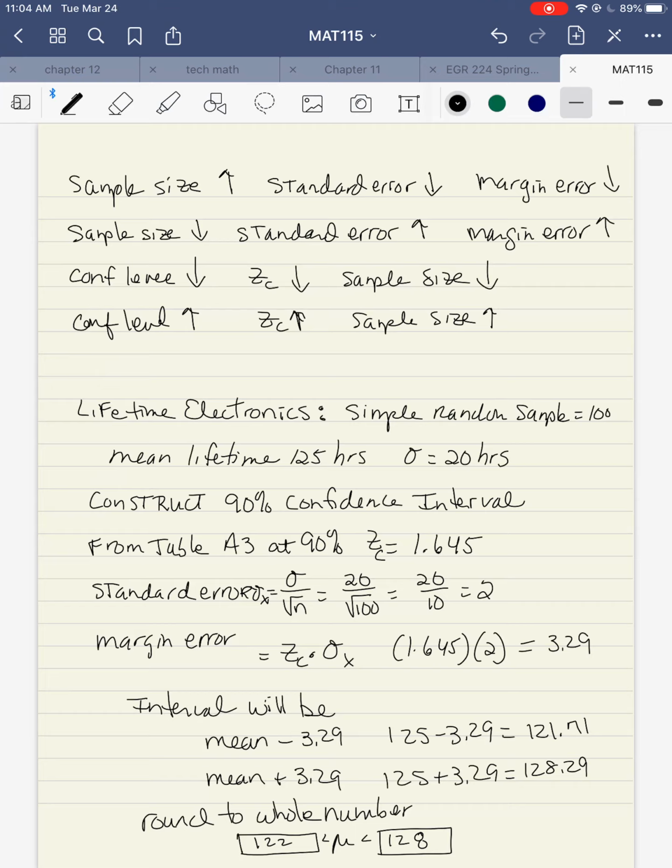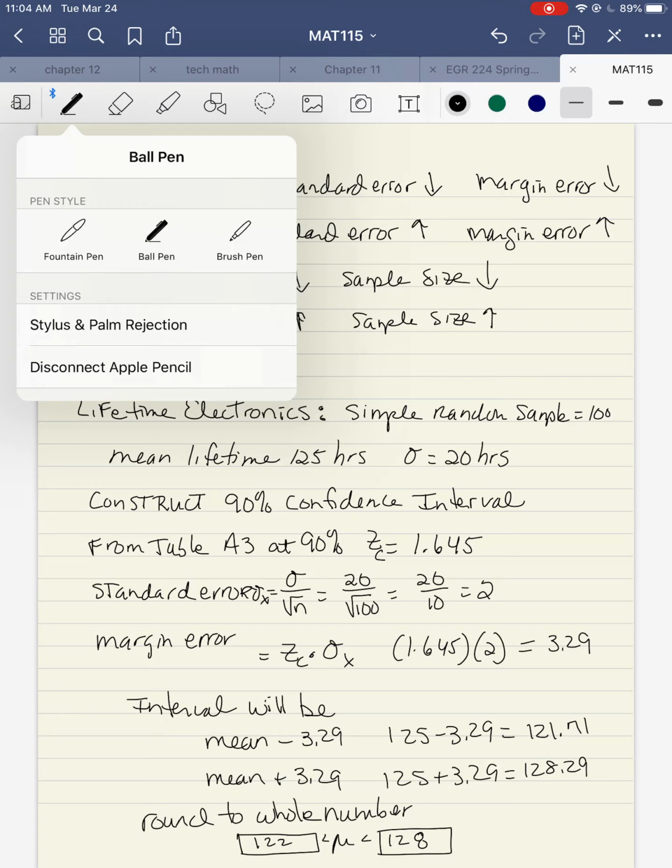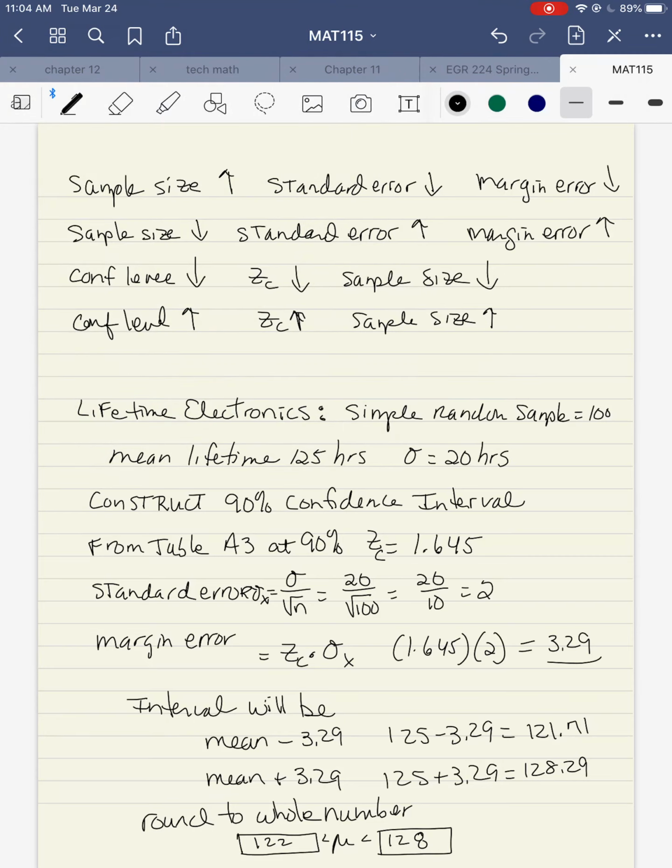The margin of error is the critical value times the standard error, so it's 1.645 times 2, which comes to 3.29. The interval will be the mean minus 3.29 and the mean plus 3.29. So the mean is 125 hours, minus 3.29 is 121.71, and then the mean plus 3.29 is 128.29. On this particular problem, they want you to round to a whole number.